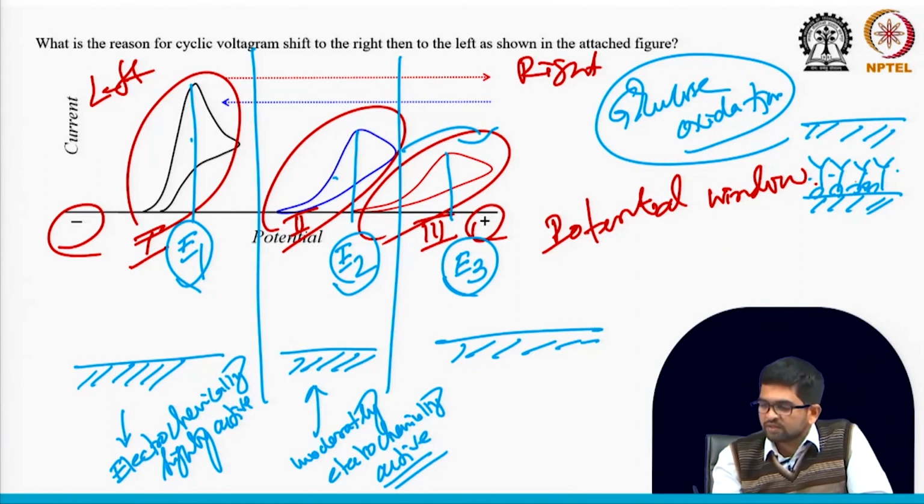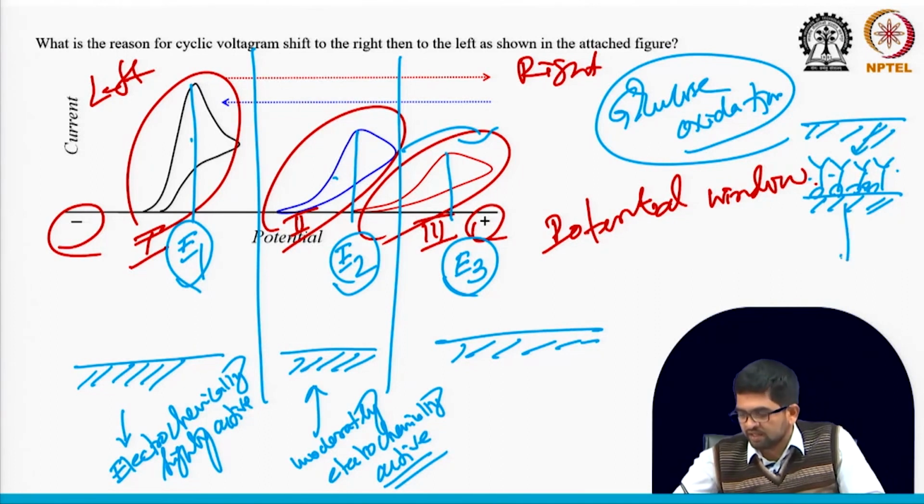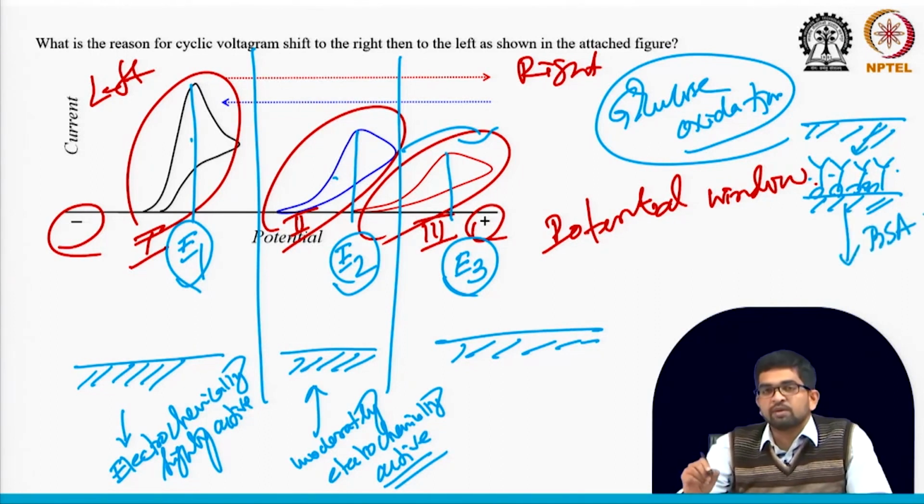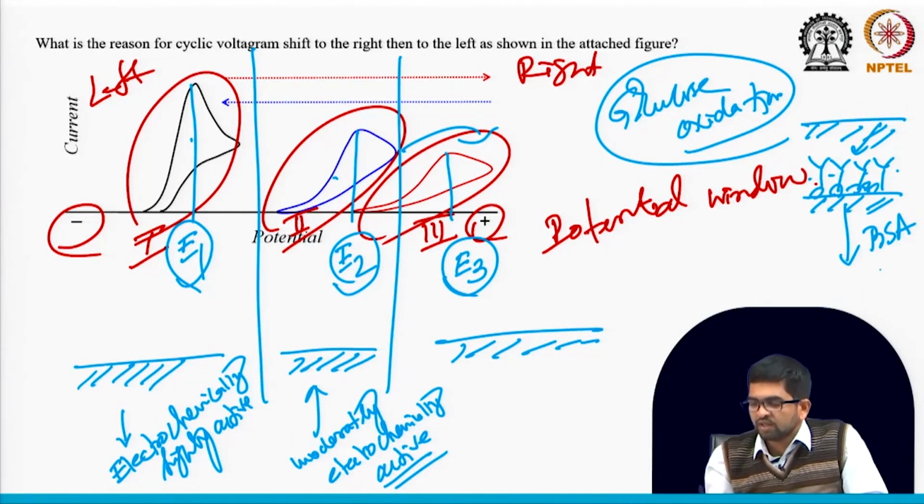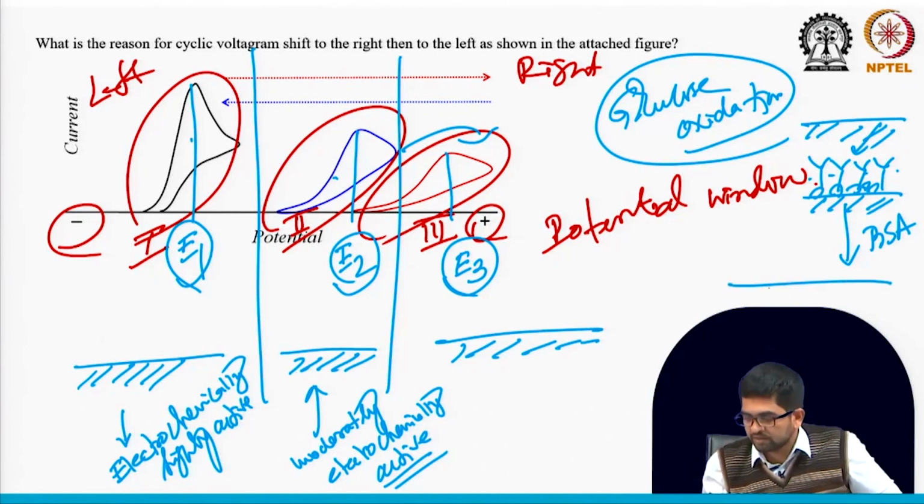Okay. Now, the third step, the third cyclic voltammetry, is showing that it again shifted towards the right. It means if your sensor surface, after the antibody, you add BSA, bovine serum albumin, so that you block the other empty parts and minimize non-specific binding. So your surface now looks like this: antibody, nanomaterial, and here BSA.